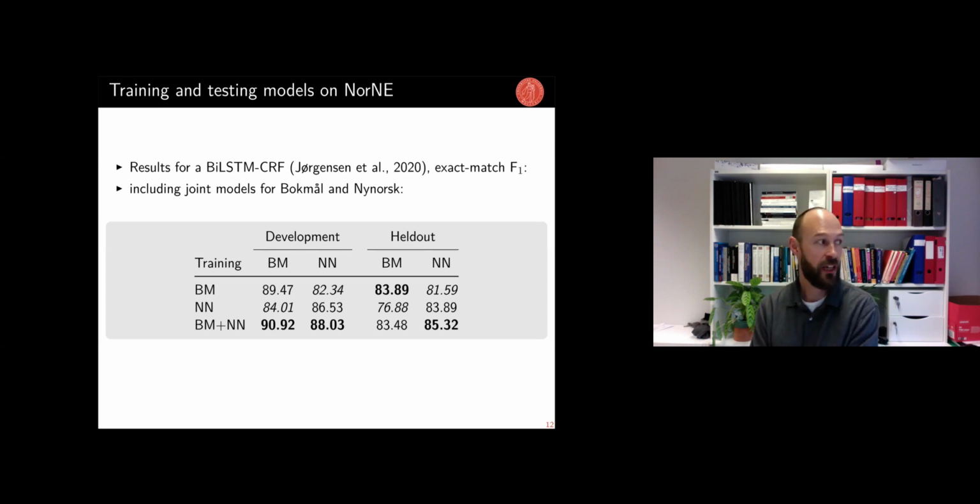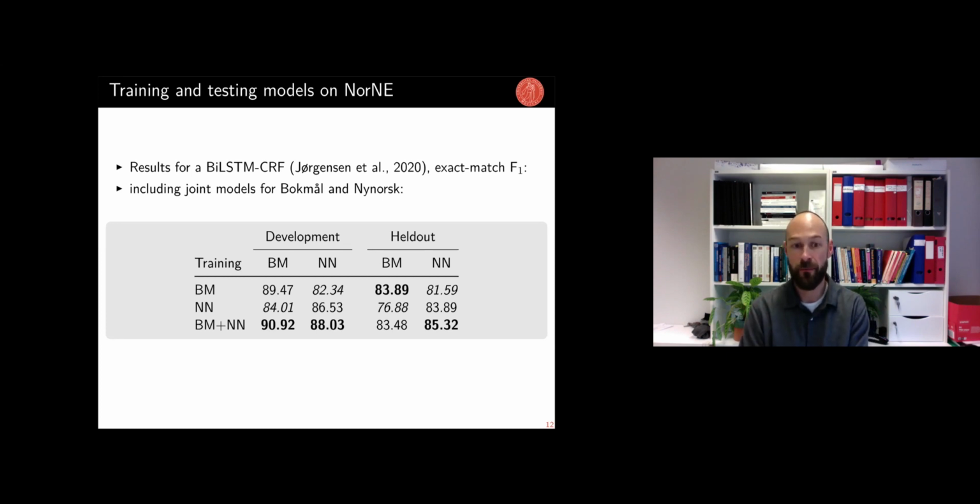Which highlights this challenge that I mentioned initially about having these two different parallel standards in Norwegian. But another thing we found was that if we train a single model jointly on the merged bokmål and nynorsk data and then apply that, results most of the time actually go up or remain at a comparable level.